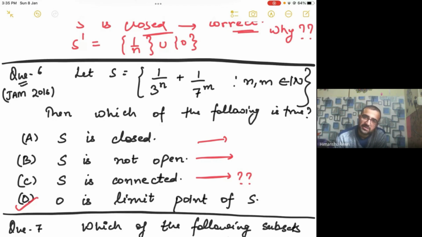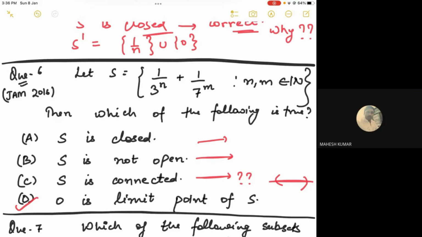So what are the connected sets in the real numbers? These are open intervals. So is this clear why the statement C is false? Yes, sir. Okay. So C is false.